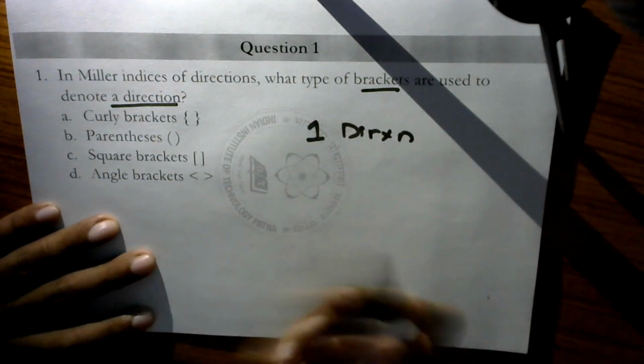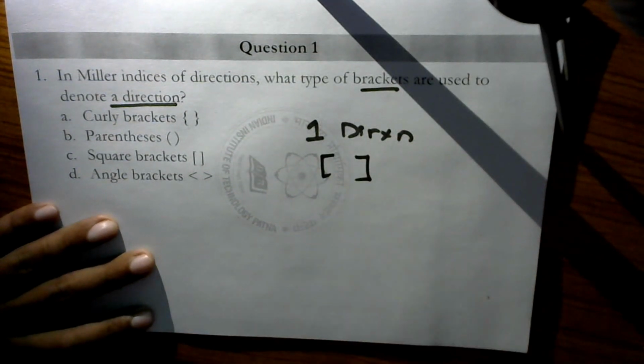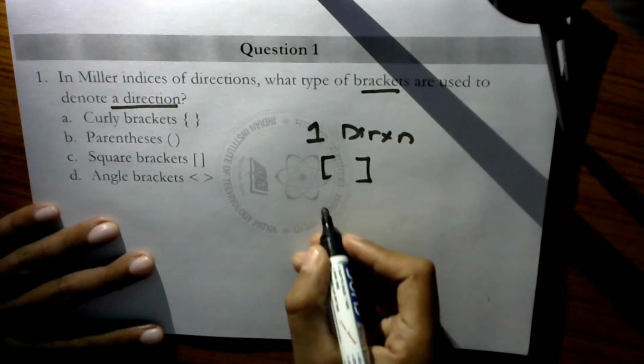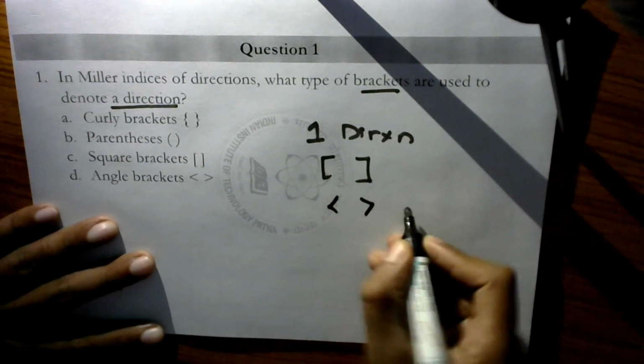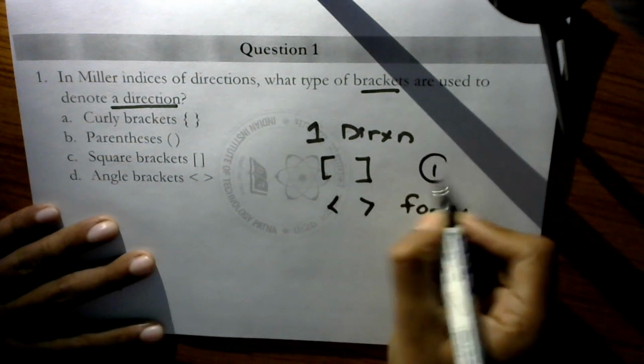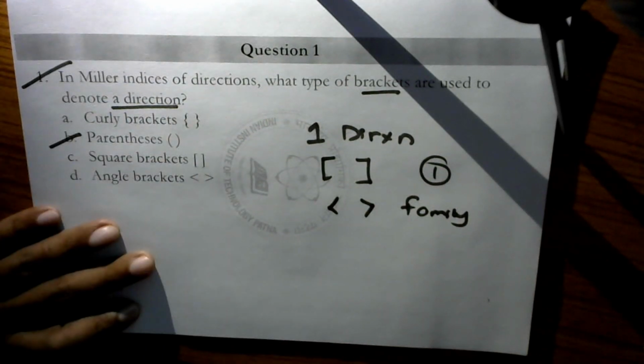We are not talking about the family, only one. So in that case, we will use the square brackets. While if there is a family of directions, then we will use this. This is for the family. This is for one single direction. So option B is the right answer over here.